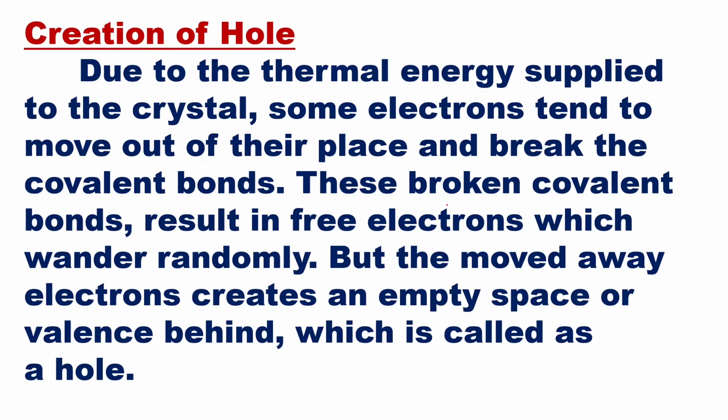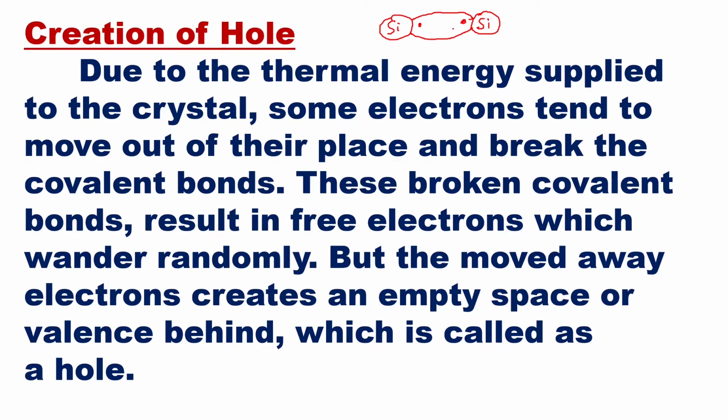Then we will come to the concept of what is a hole, H-O-L-E, because whenever there is a covalent bond, say for example there is an atom, silicon or germanium, anything you can take, and one of its valence electrons is making a covalent bond with the valence electrons of other atoms. So here is the covalent bond.